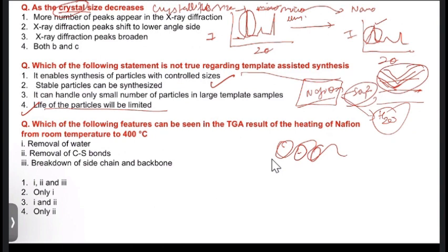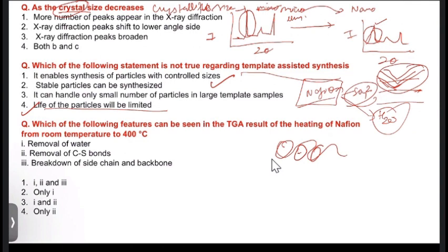Which of the following features can be seen in the TGA result of the heating of Nafion from room temperature to 400 degrees Celsius? We have three statements, and you have to tell me the correct statement. Removal of water, removal of carbon sulfur bond, breakdown of side chain and backbone.